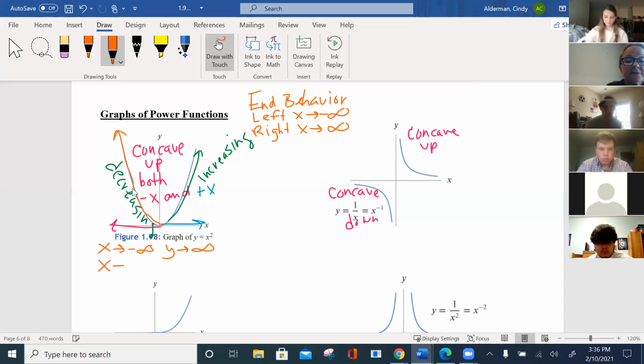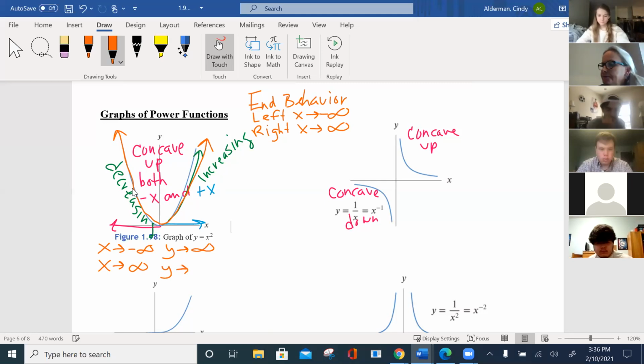The right side of the graph, and this is just vocabulary, instead of saying the right side of the graph, you just say as x gets bigger, or x goes to infinity. So on the right side of the graph, what happens to the y value? Does it get bigger or does it get smaller? So how do we finish this?